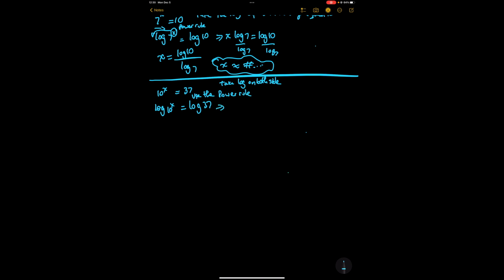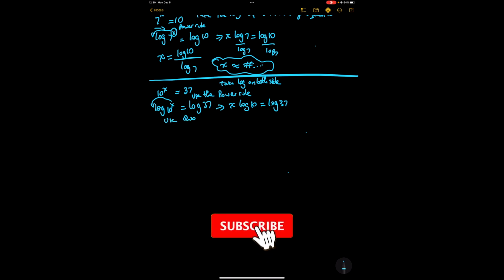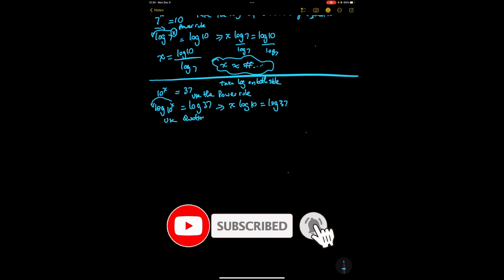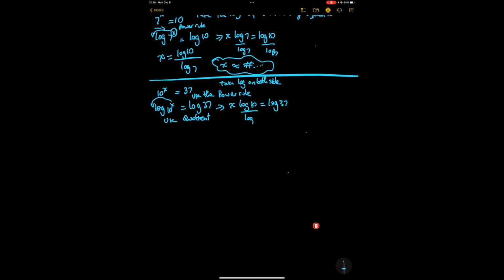And the power rule is what? I'm going to put the x in front of the log. So I get x log 10 equal to log 37. And then I'm going to use the quotient rule, so I'm going to divide by log 10 on both sides.